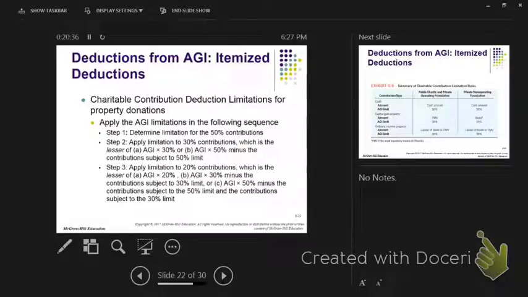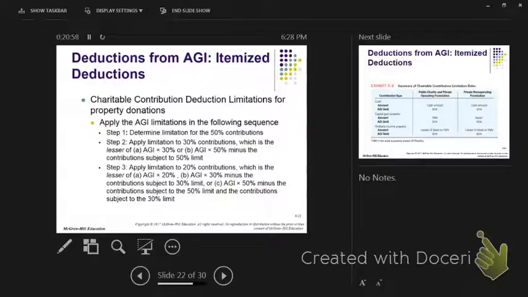Depending on if you give it to a public charity, it's the fair market value of the stock. If you give it to a private charity, it's the basis of the stock. And then there's a step 3, apply limitations to 20% contributions, which is AGI times 20%, AGI times 30% minus, and AGI times 50%.